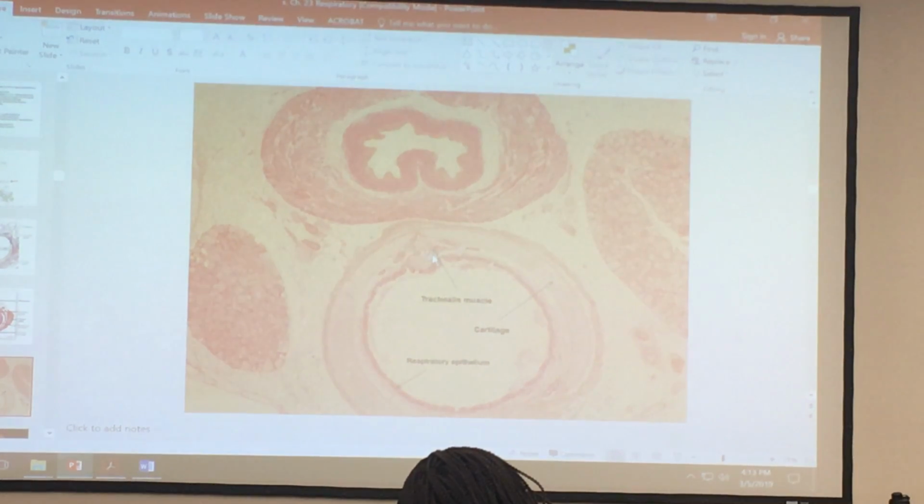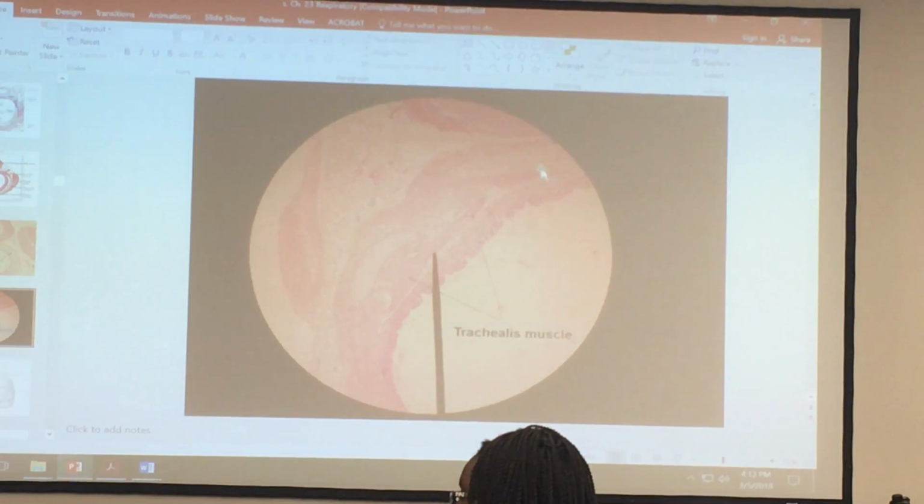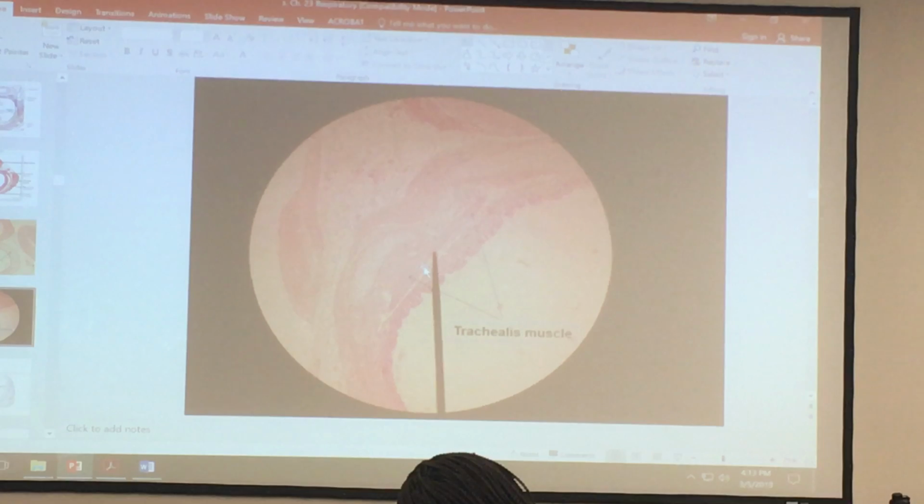Okay. I do have a better slide showing that that's the terminal of the C-shaped cartilage. You can see this side, and the other terminal. Sometimes from an angle we can cut the whole piece, and you see the muscle here, from this end to this end. Okay, that's the trachea's muscle, and when the trachea's muscle relaxes, the diameter will increase.